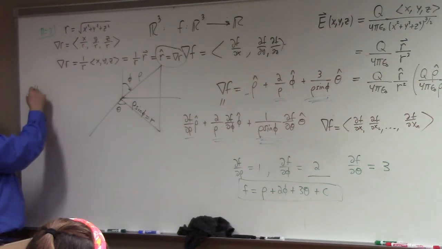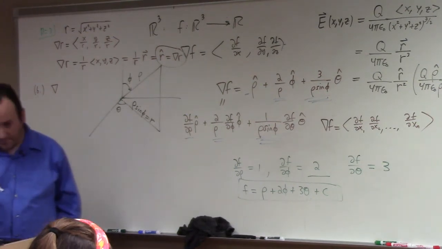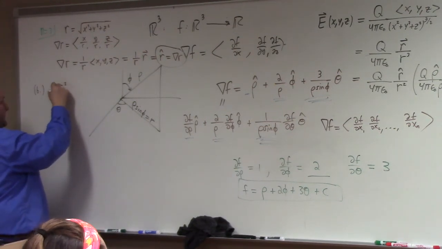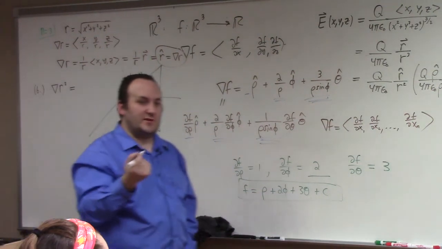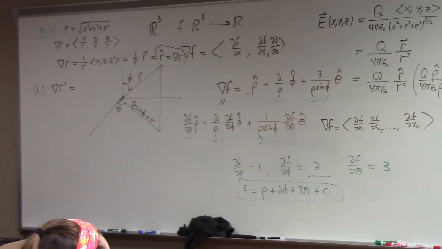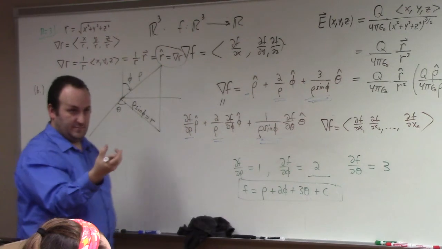Part B. You're supposed to calculate the gradient of what? R squared, right? The hint. What is the point of the hint? The point of this hint is to encourage you that when you're faced with the gradient of the square of some function that you already know the gradient of, there's a chain rule.